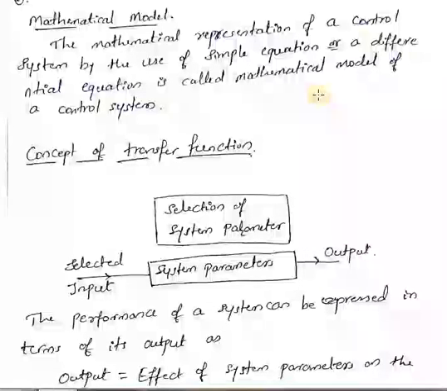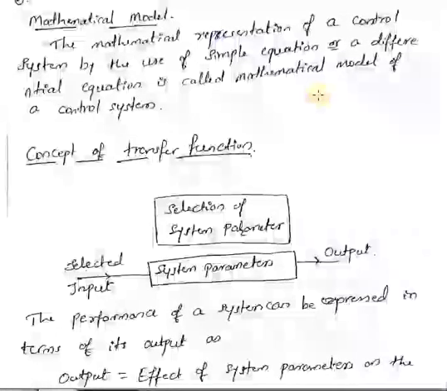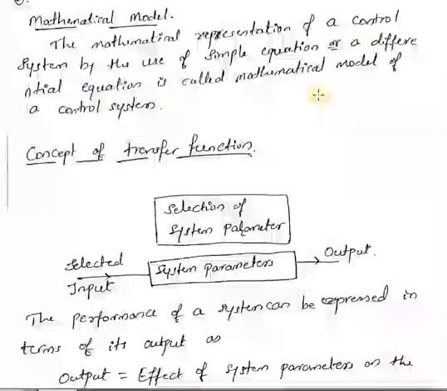If you are able to write the differential equation for a given system, and if that equation contains all the variables which are going to occur in your system, then we can call those equations the mathematical equations for that particular system. Just by using those equations, you can study the behavior of the system.